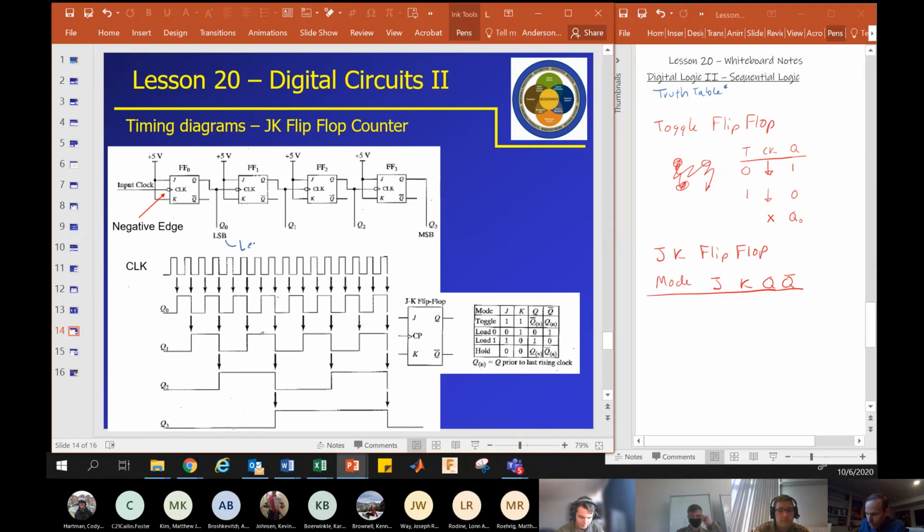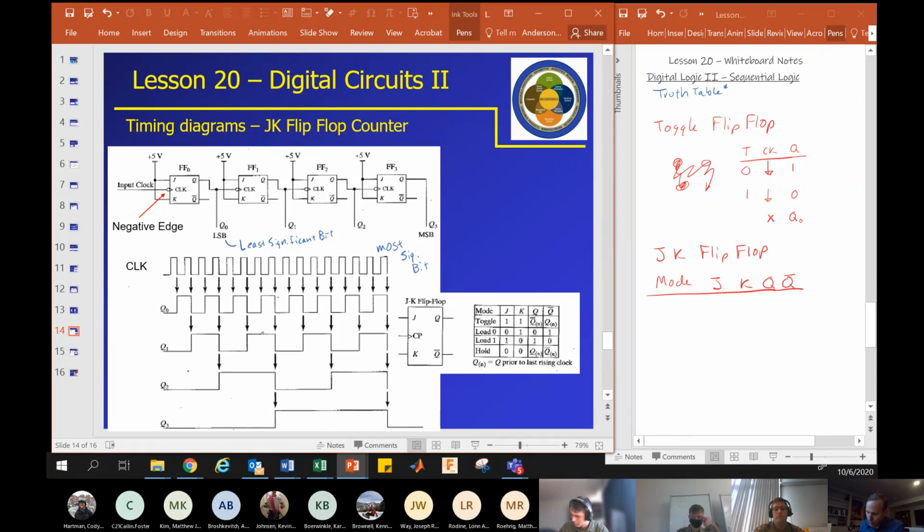This is least significant bit and most significant bit. You may remember that from our reading on binary and number bases. So this is actually counting in binary.